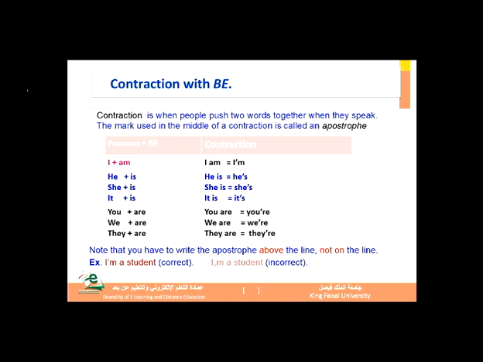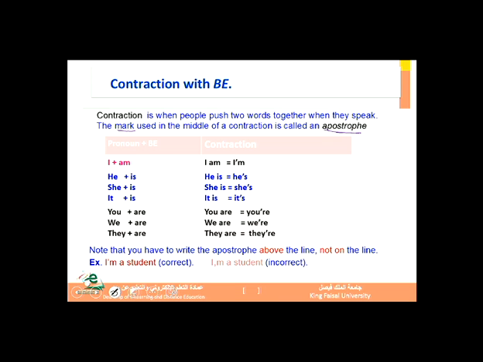To indicate this, we use a mark called an apostrophe. Let's look at those examples. This is the definition of the word contraction: it is when people push two words together when they speak, and the symbol we use to indicate this contraction is what we call an apostrophe.